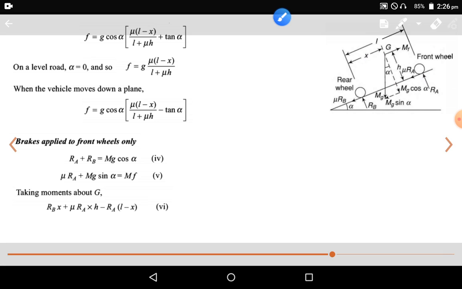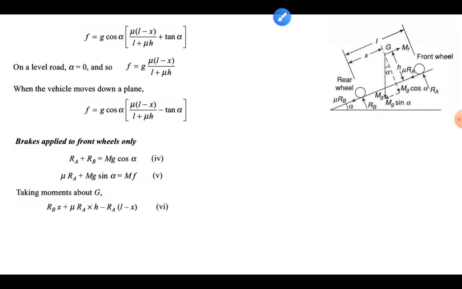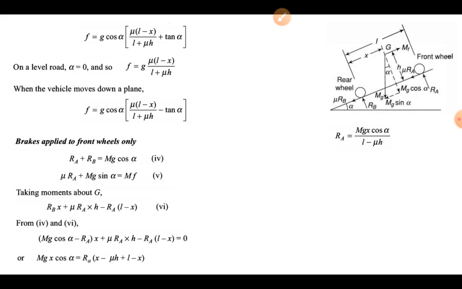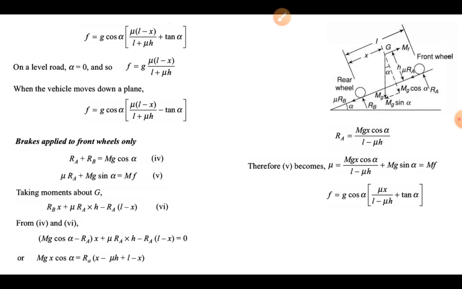So after solving these three equations, which we have solved in the previous case also, you will get the value of retardation force. So I am not going to explain. First you have got the value of Ra, from this you have got the value of Rb, and after solving that you will get the value of retardation force.